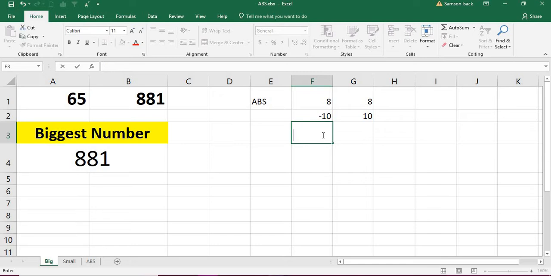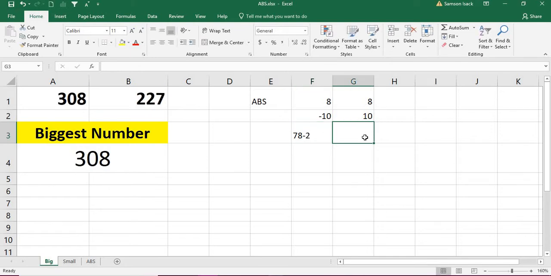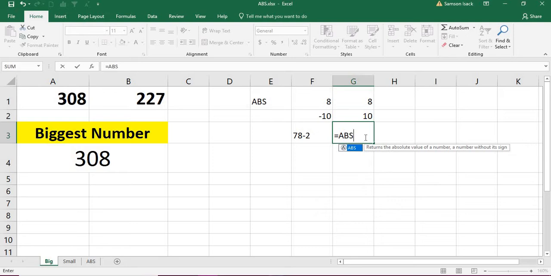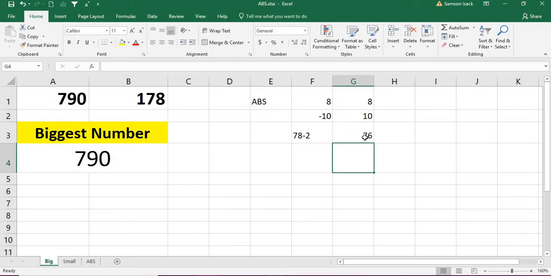Okay, I give 78 minus 2, which is nothing but a positive number, 76. The absolute value is 76.